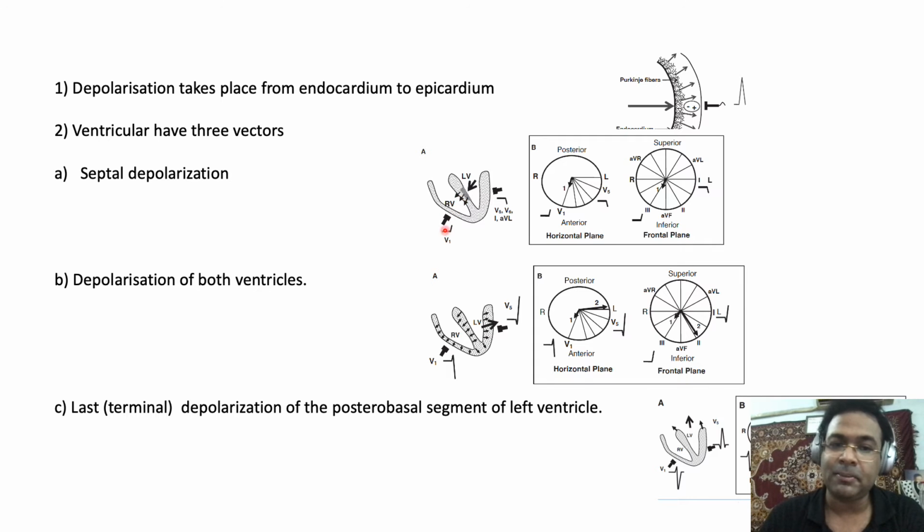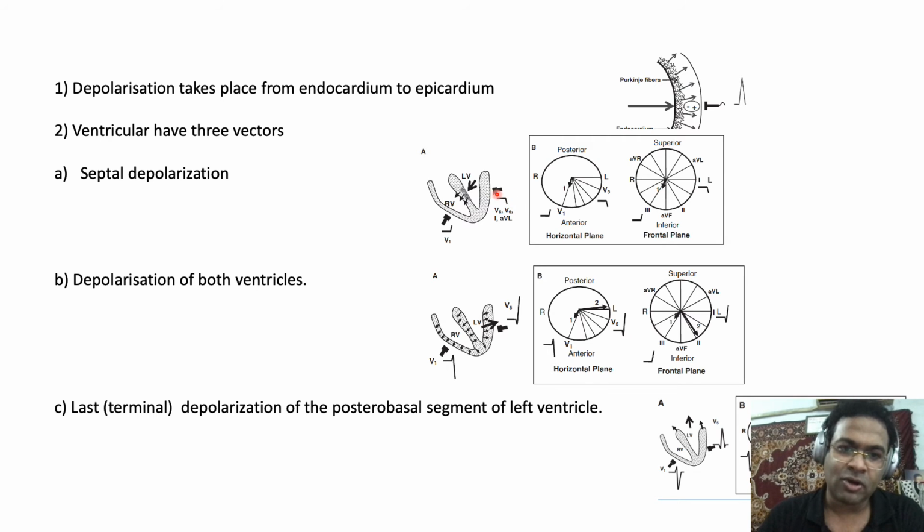Now we remember that the lead which looks at the right-sided activities, the job that has been given to this lead is V1. So whenever there is an initial depolarization from left to right, it's coming towards V1, it leads to a positive deflection in V1. That means there's always a small r in V1.